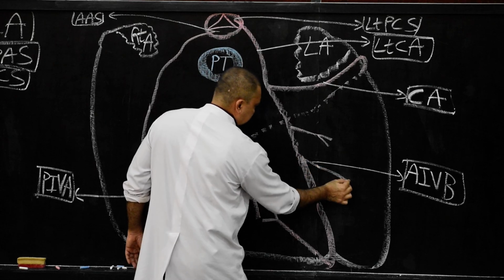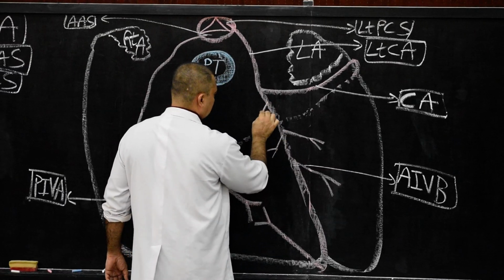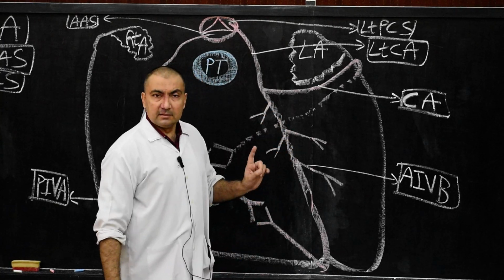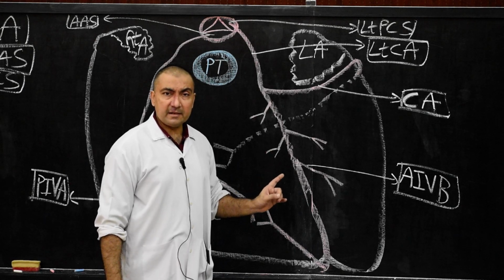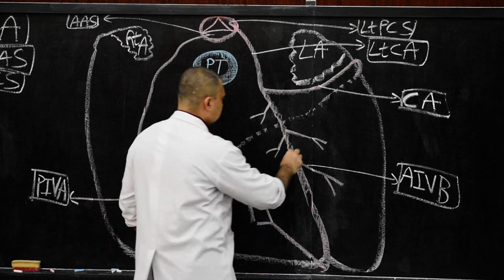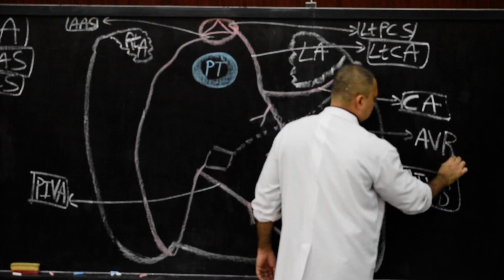These are the branches, and they are known as anterior ventricular rami. So I will name these branches as anterior ventricular rami.